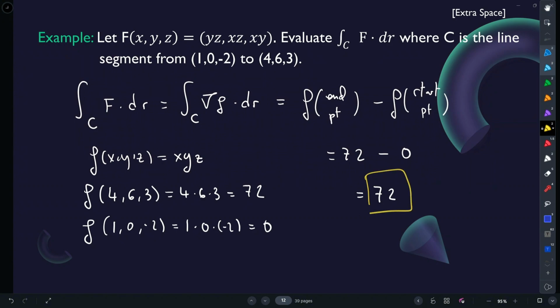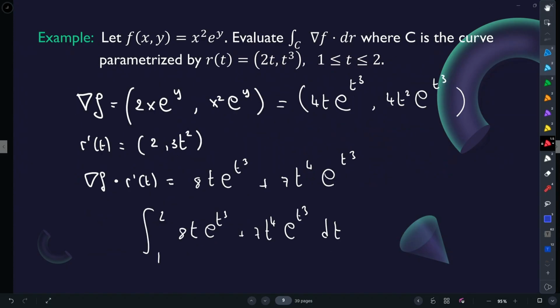That's it. I don't even have to parameterize that segment. I don't have to plug into F the coordinates of the segment. Boom. So the key here is that I'm using the fundamental theorem of line integrals.